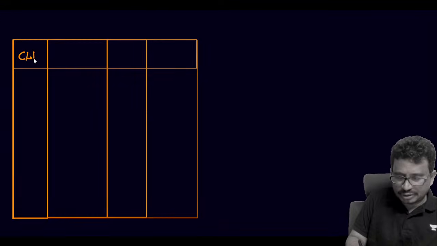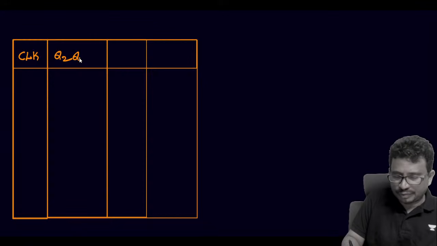So this is clock, this is Q2, Q1 and that is Q0, and what is the output they gave from the figure.